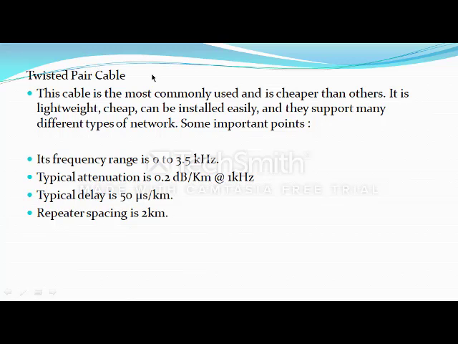First of all, we will see the twisted pair cable. It is the most commonly used and cheaper than others. It is light in weight, cheap, can be installed easily and supports many different types of network. Some important points: its frequency range is 0 to 3.5 kHz.